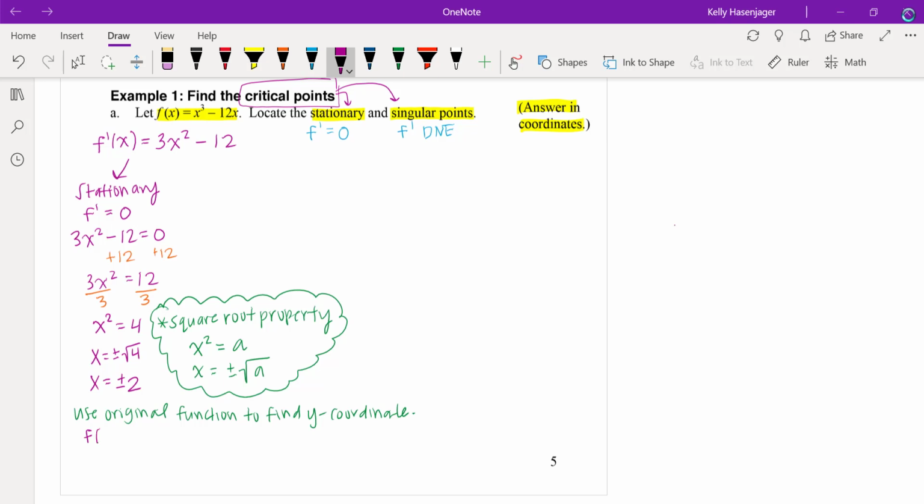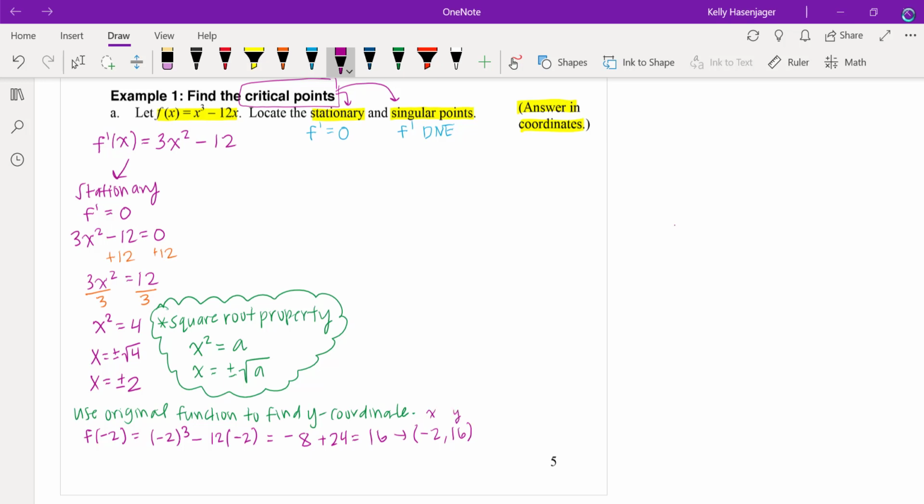We'll plug in negative 2, and we'll get negative 2 cubed minus 12 times negative 2, which is negative 8 plus 24 equals 16. That gives us the point negative 2, 16, because the x value was negative 2 and the y value, the output, was 16.